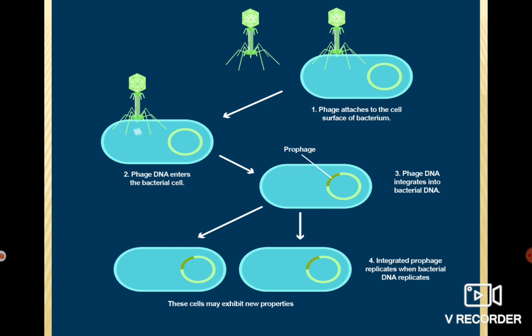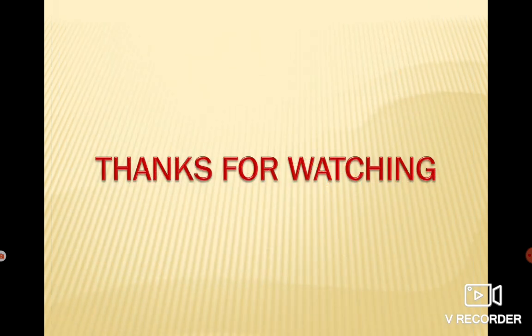Means transfer of genetic material of one organism into another through a vector, that is the virus. It is called transduction. And here, during this only DNA enters and the protein coat remains outside, hence DNA is the genetic material of the bacterial cell. Thank you friends.